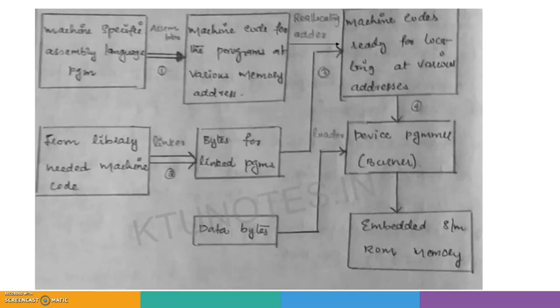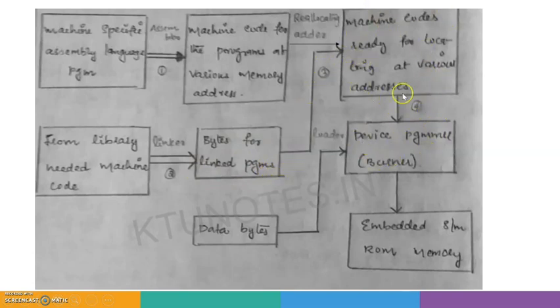For that, we use library files, and the linker fetches the definitions of the predefined functions and links them along with our machine codes. From the library, it takes the needed code, and then the bytes are linked to the program and given to the machine codes.